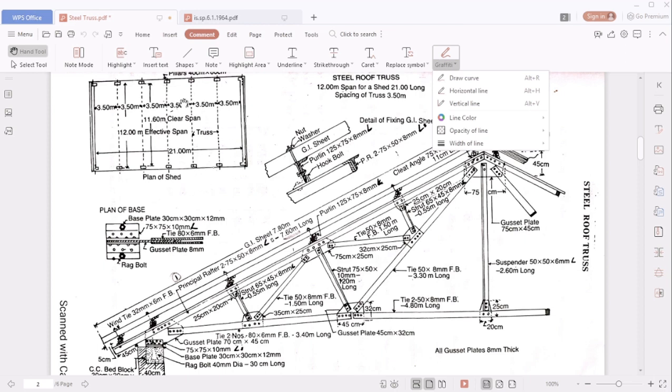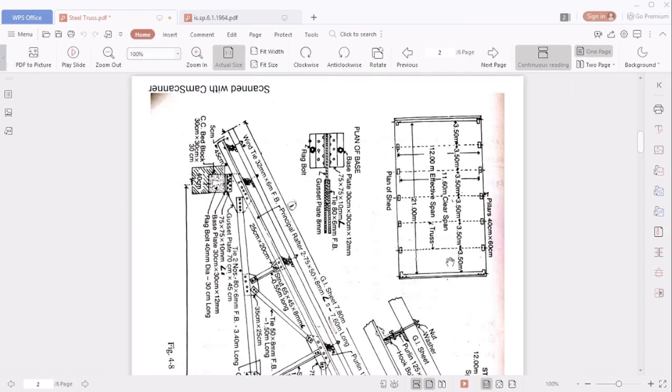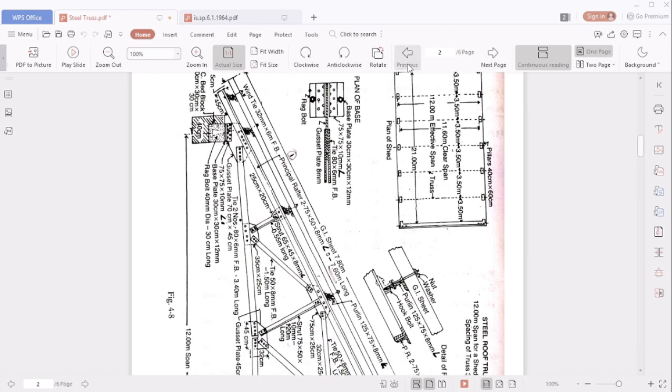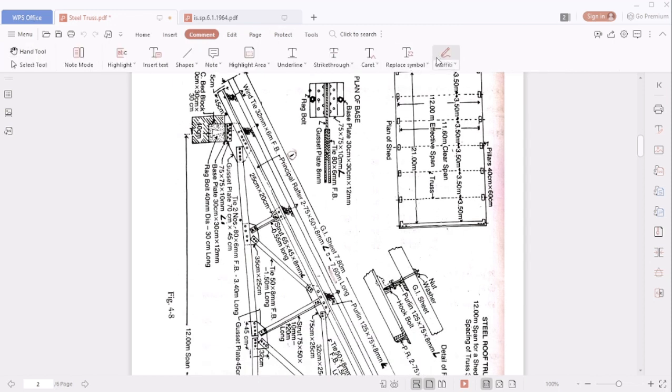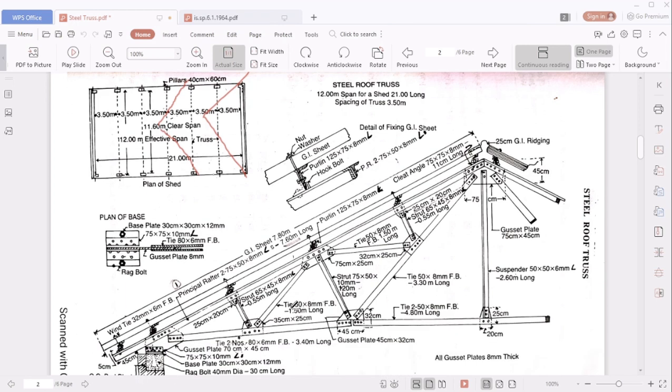So if I rotate this, I'll show you how this truss is situated, 1 minute. So this is the plan. The truss is like this, at the center of this plan. So they have given us the half of the section of the truss.